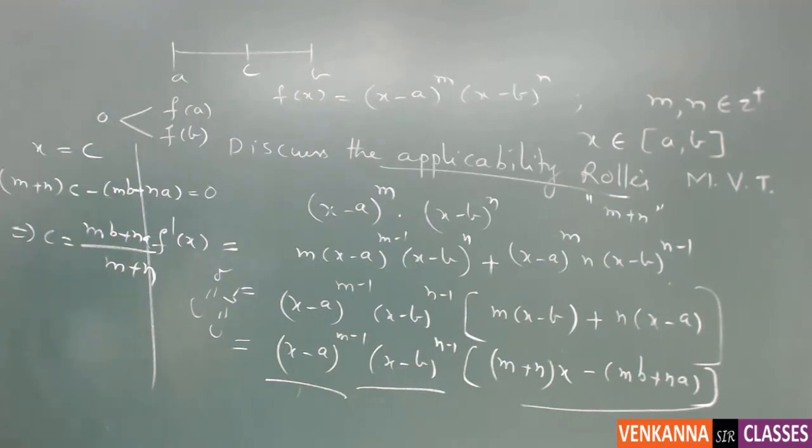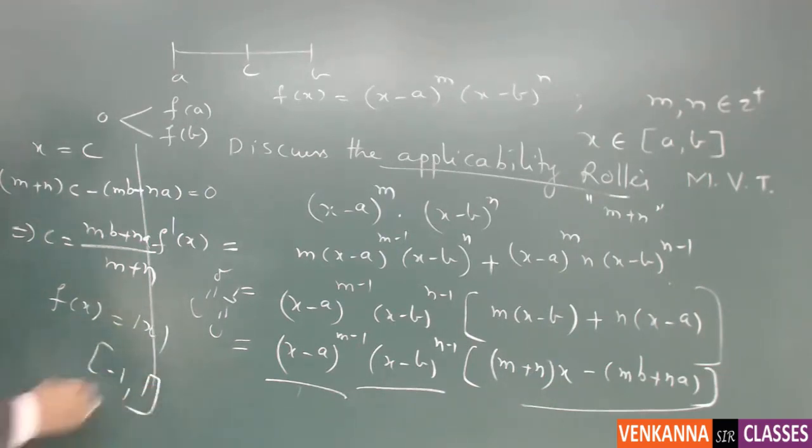Okay. So as per Rolle's mean value theorem, the value of C is mb plus na by m plus n. In other words, C is the point which divides the interval AB in the ratio m is to n. That was the conclusion. Now let us take one small thing, that suppose I have given f of x is equal to mod x on the interval minus 1 comma 1.